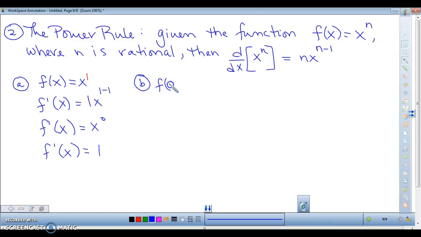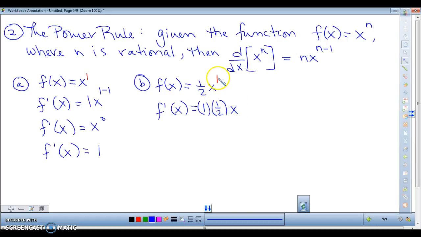Let's say that you have f of x is equal to 1/2 x, and you want to find that derivative. 1/2 is your coefficient, also known as your scalar multiple. So you still have a power of 1 up there. You would just bring that 1 down in front, and it would be multiplied times the scalar of 1/2.